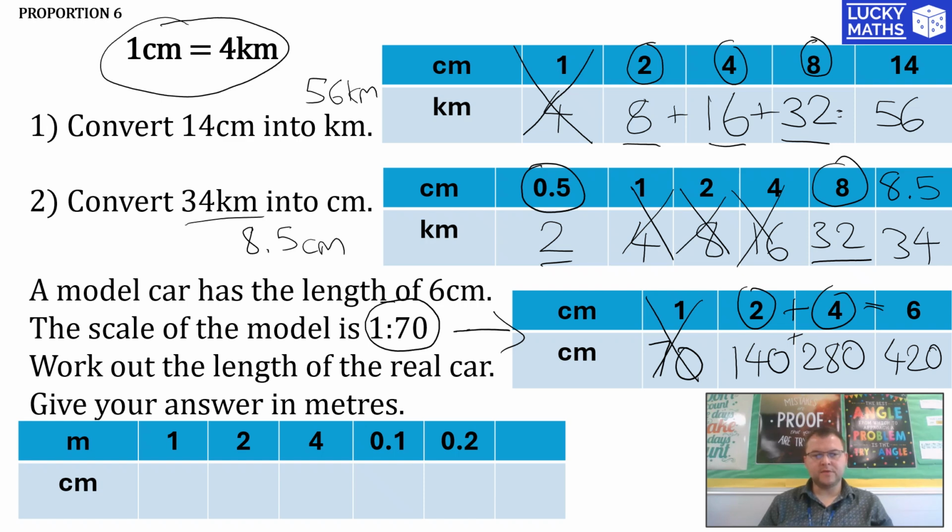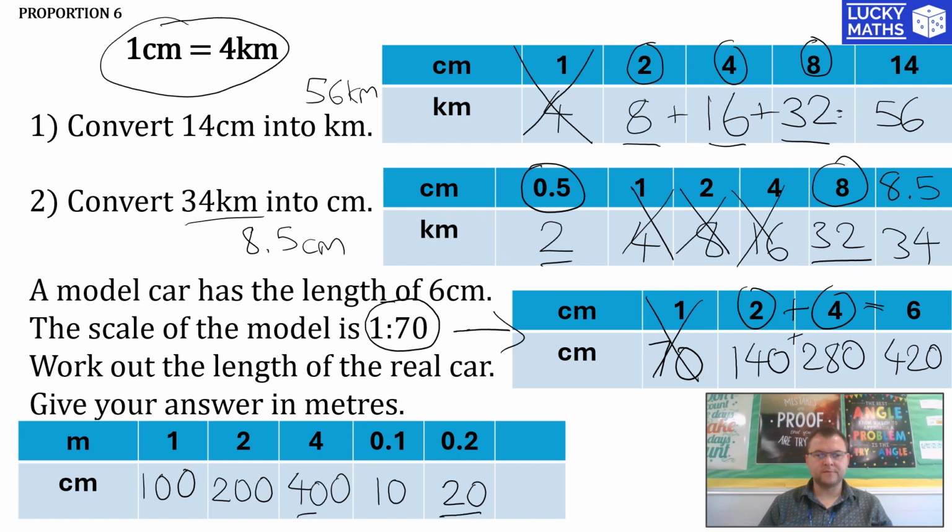So to help students convert the 420 centimetres properly, we might want to use this ratio table below, but we need to realise that a metre is 100 centimetres, 2 metres would be 200, 4 metres is 400 centimetres, 0.1 of a metre, a tenth of a metre, is 10 centimetres, and therefore 0.2 is 20.